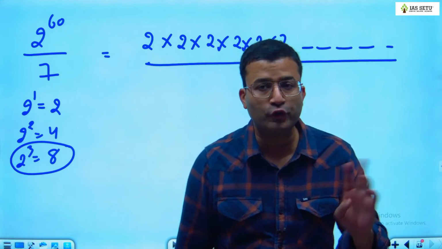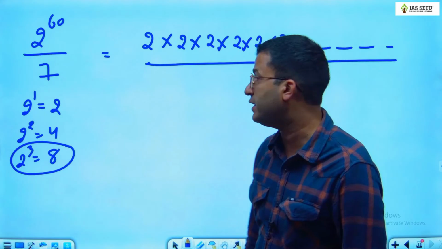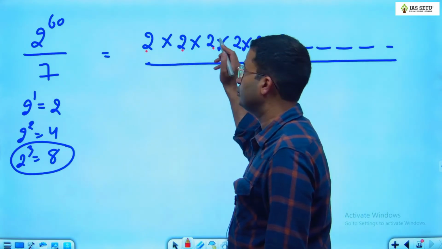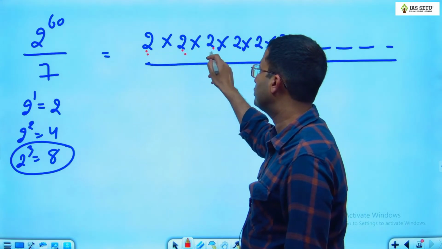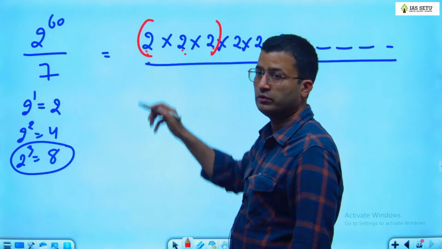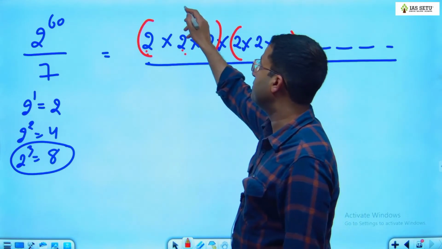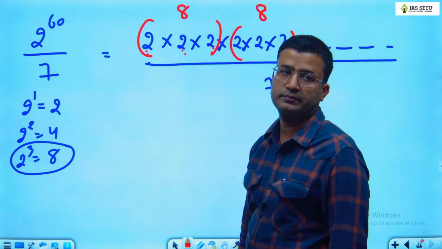I tell you 2 will not help, 4 will not help, 8 will help. And why will 8 help? Just see here. This is like 2, 2, 2. There are 60 members. So you can say husband, wife, chunnu. Take them together. What is the benefit of this? It becomes 8, 8, 8.